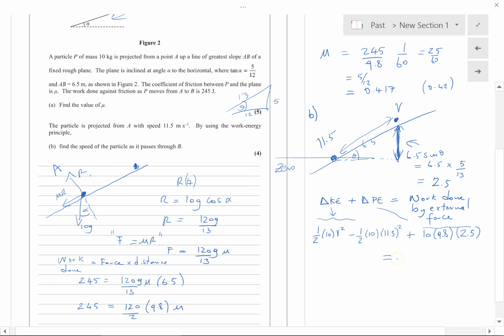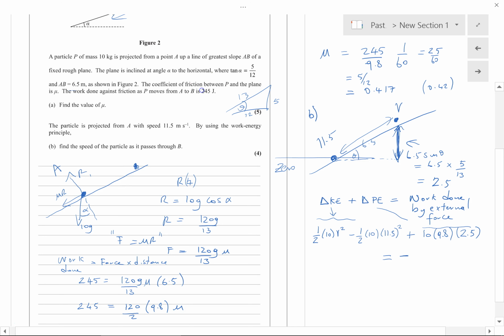The work done by the external force is going to be negative because it's work done against friction. Friction takes mechanical energy away from the system. So it's a negative. But we're given it, so we don't have to work out the force.